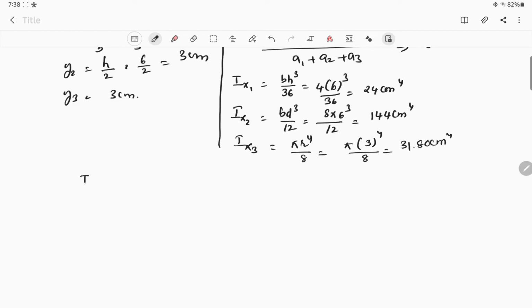Next we will calculate Ix0 of first element, which is equal to Ix1 plus a1 d1 square. So what will happen here?